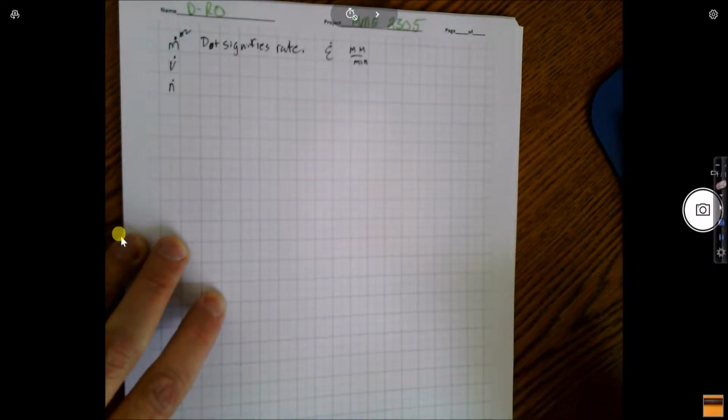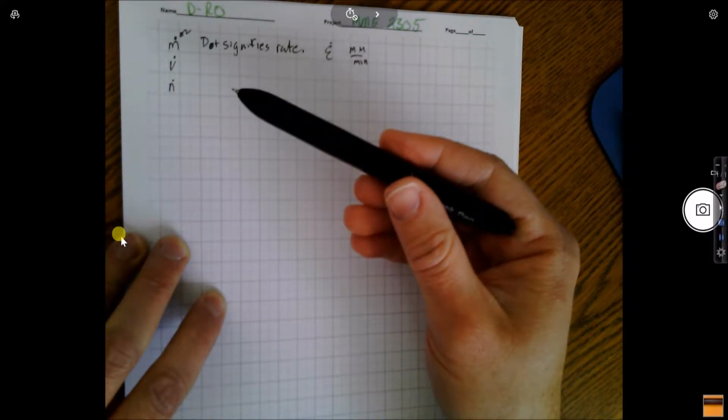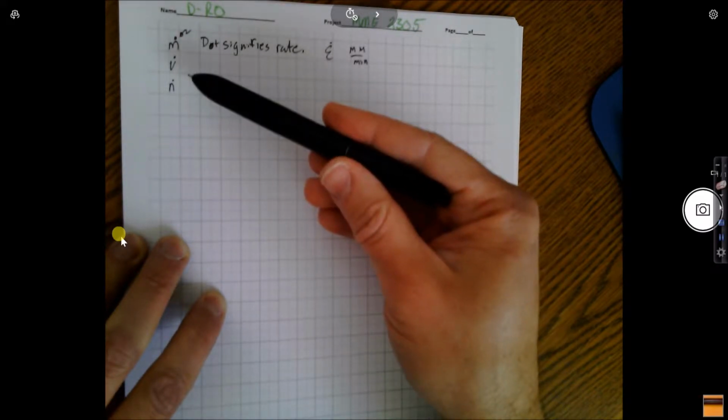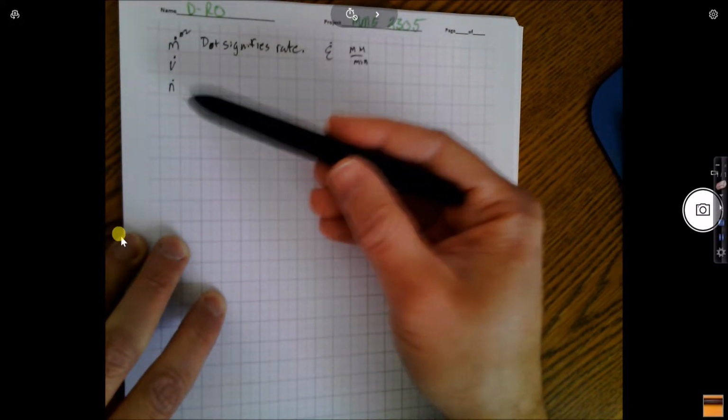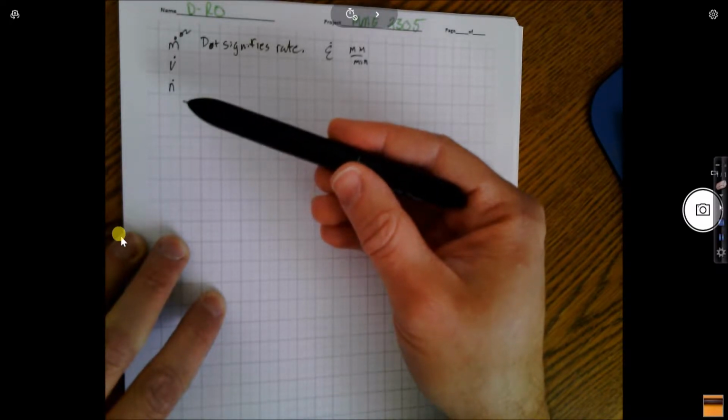So logically, you can assume that mass flow rate is basically given in units of mass over time. Volumetric flow rate is units of volume over time, and molar flow rate is units of moles, or number of moles, per time.